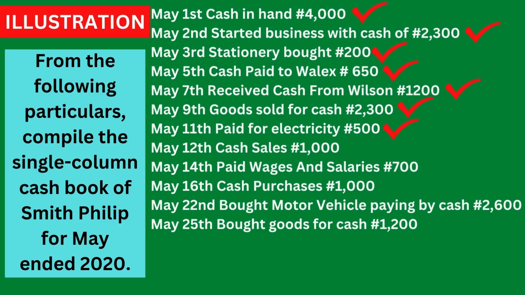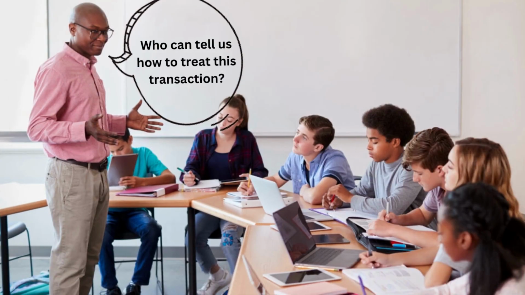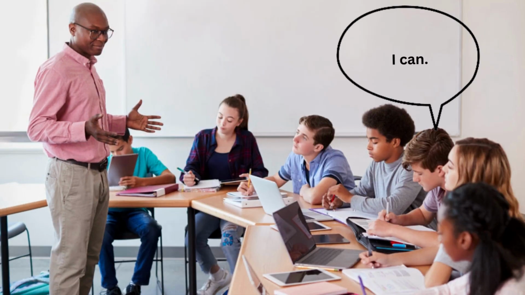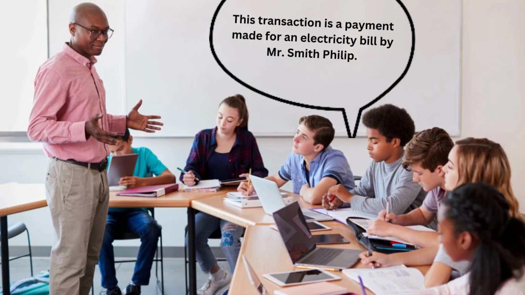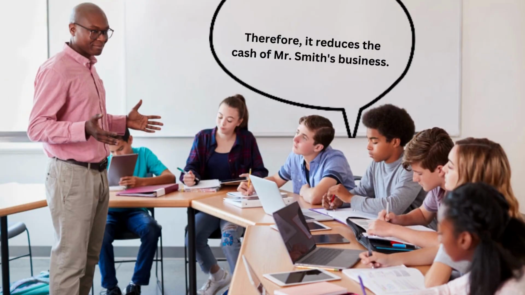May 11th, paid for electricity 500 naira is what we have as the seventh item. Who can tell us how to treat this transaction? I can. Okay, Kenny, tell us. This transaction is a payment made for an electricity bill by Mr. Smith Philip. Therefore, it reduces the cash of Mr. Smith's business.